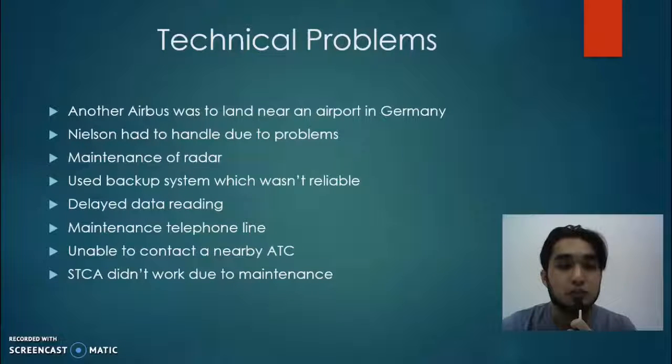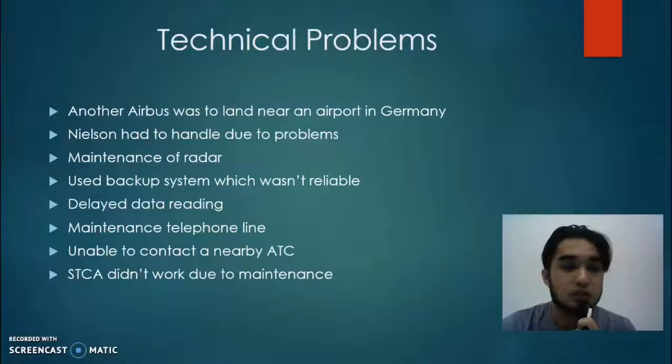Moving on to technical problems, it arose when another Airbus was about to land near an airport in Germany. Due to the absence of his colleague, Peter Nielsen had to take charge to handle the aircraft's problems. But there were problems for Peter Nielsen as well. There was maintenance work being done on the ATC's radar and telephone line.